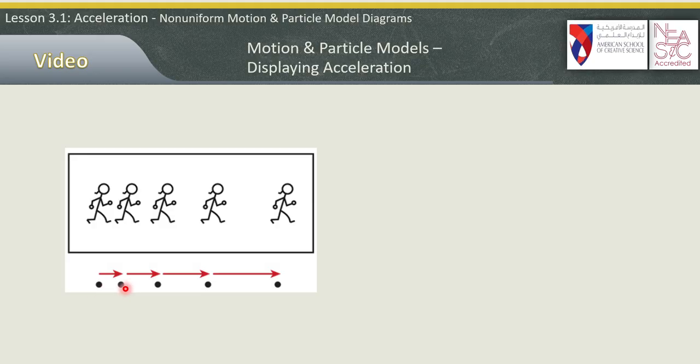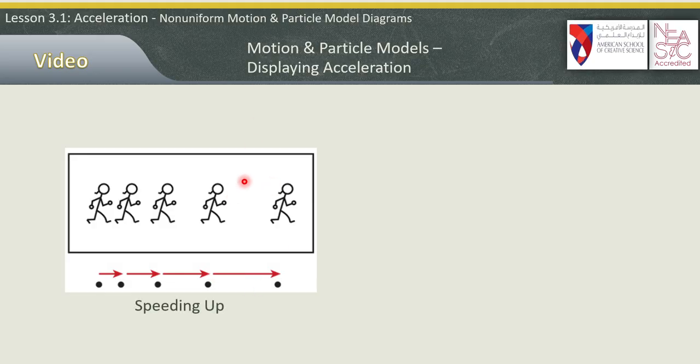Here, as you can see, when an object speeds up, each subsequent velocity vector is longer. You see it's becoming longer and longer, and the spacing between dots increases. So you can see this in this diagram where the jogger's speed increases as the dots spread.